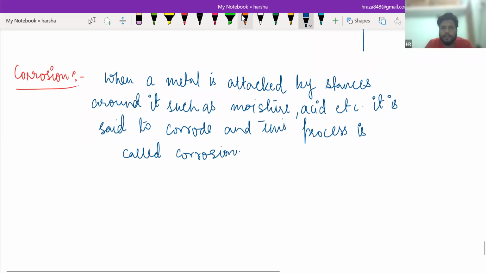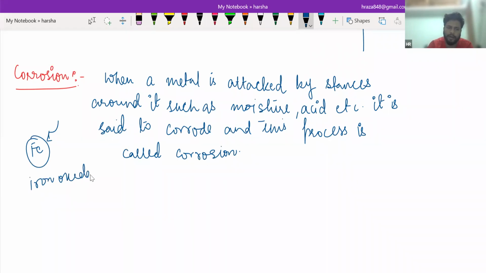You have seen in daily life that when a metal is exposed to air and moisture attacks it, it will have a different color or different properties. It will be attacked and it will become more stable. Like if you have pure iron, after the attack of moisture, it will become iron oxide.